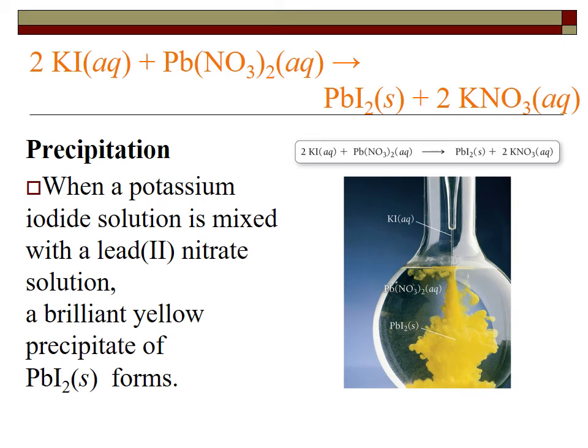I'm taking two aqueous solutions, two clear solutions, mixing them together, and I'm seeing evidence of a chemical reaction. How am I seeing that? By the yellow stuff. I'm taking two clear solutions and mixing them together, so I definitely know that there's a chemical reaction going on here.